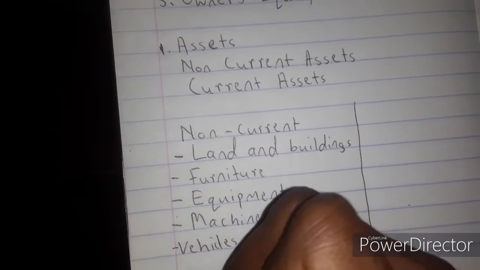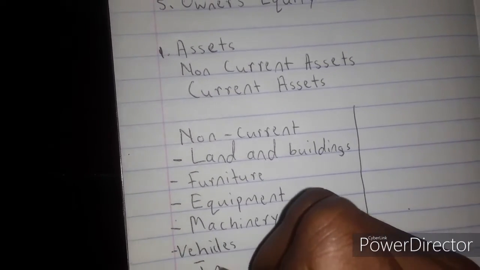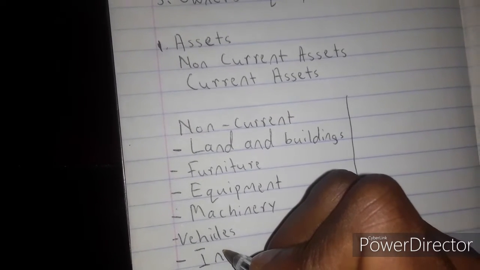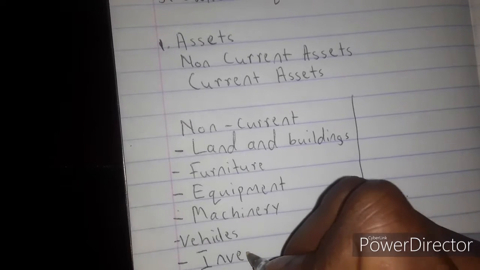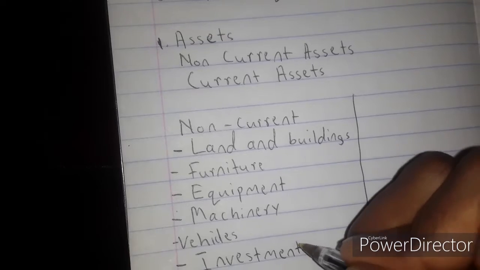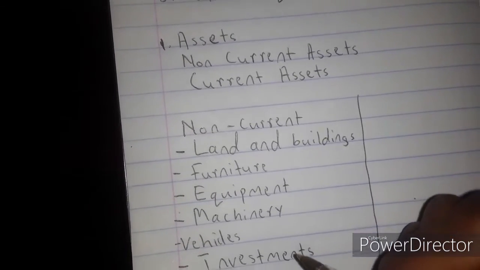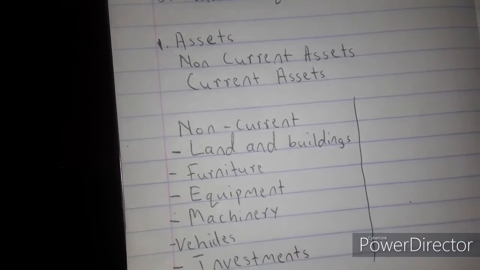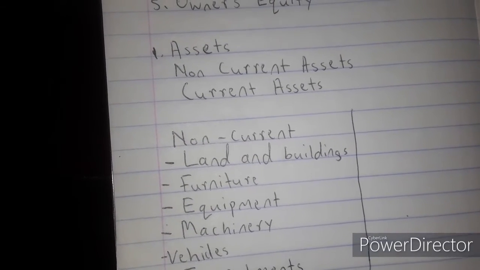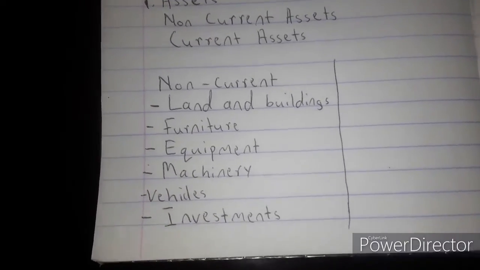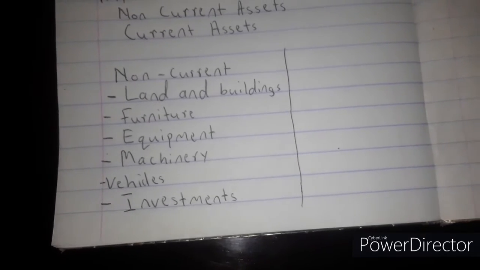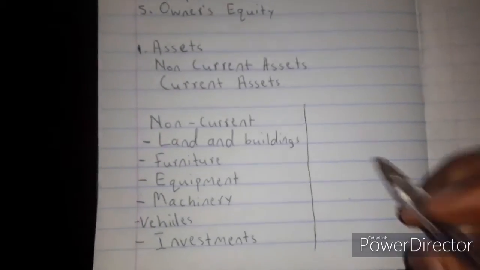And also the investment, such as the fixed deposit, the money that a business invests for longer than a year. So that is a non-current asset.